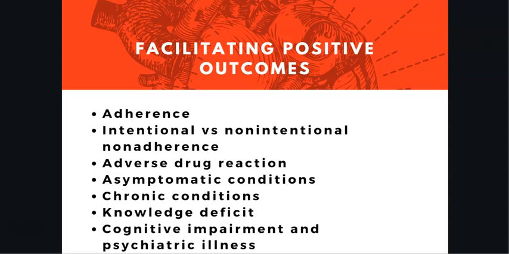So if you're in family practice, it's very possible and highly likely that you will have patients with chronic conditions, several comorbidities, and you have to manage all of that. Does the patient have a knowledge deficit? Is there maybe some kind of cognitive impairment or psychiatric illness that causes them not to understand about the medications that you are prescribing?